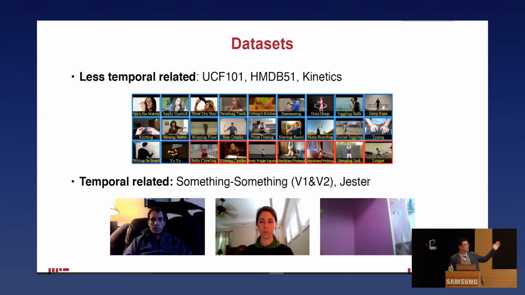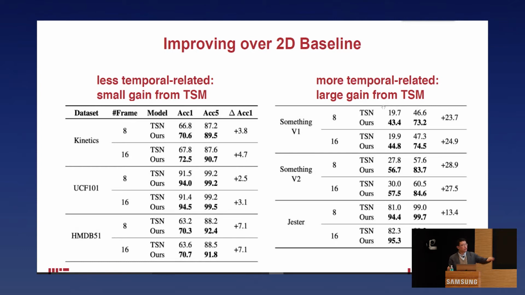For example, moving something from left to right, thumb up, or on the right-hand side, expanding something rather than closing something. So we can expect that on those more temporal related datasets, the accuracy improvement will be higher, and this is exactly what we observed. For the less temporal related datasets, Kinetics, UCF101, HMDB, we observed about 3 to 7% top-one accuracy improvement over the TSM 2D models.